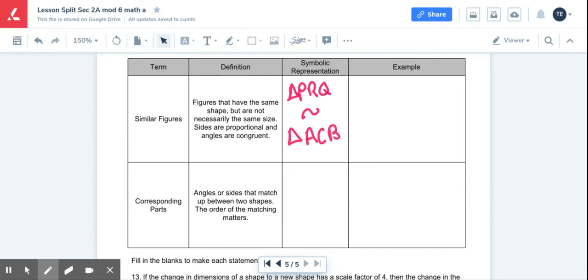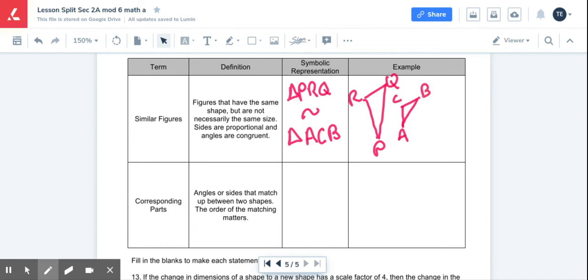I'm going to draw it very small compared to what we had on the other page, but that was our 2 triangles that were corresponding, and one was 3 times smaller than the other. So PRQ was 3 times bigger than ACB.